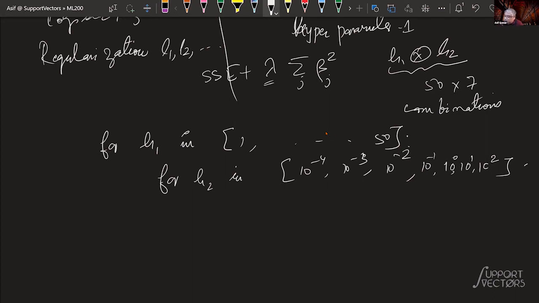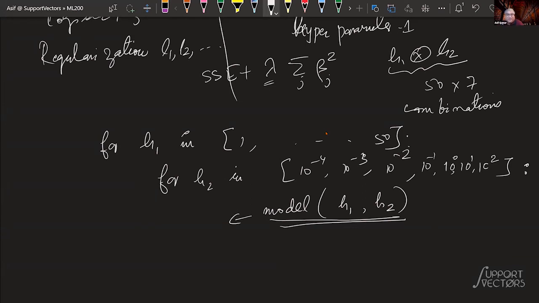For each of these two combinations, you can build a model. You can do a model with H1 and H2 values, isn't it? You can build your classifier or your regressor with these two particular values. And then you look at the metric.